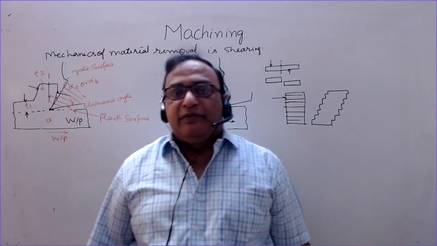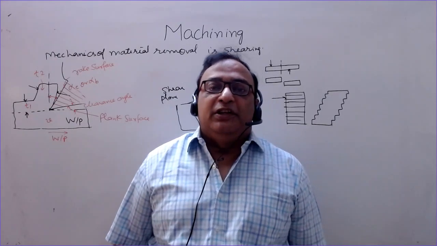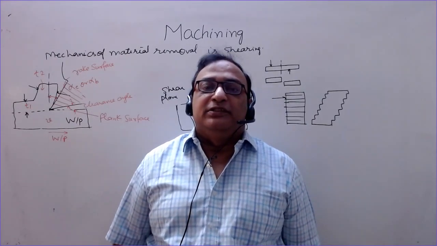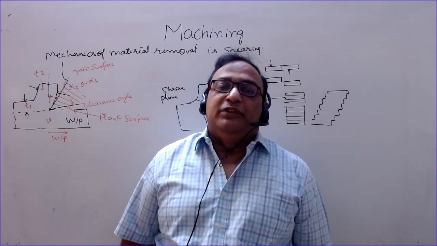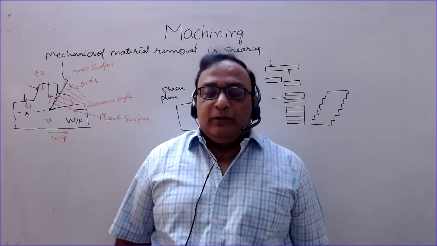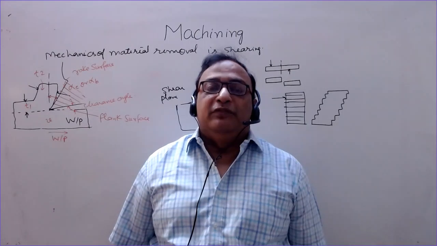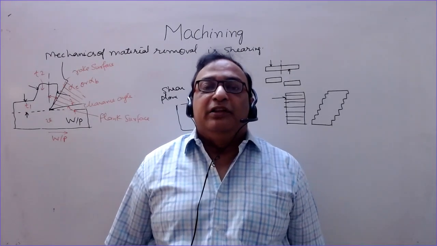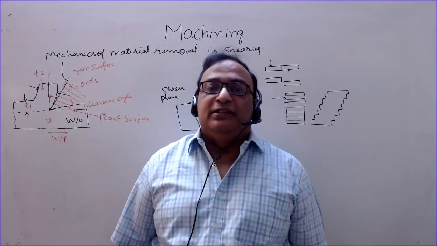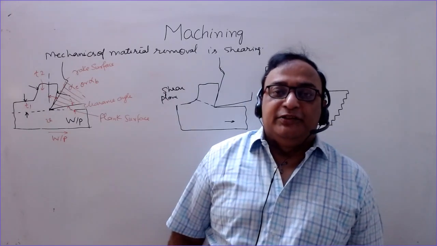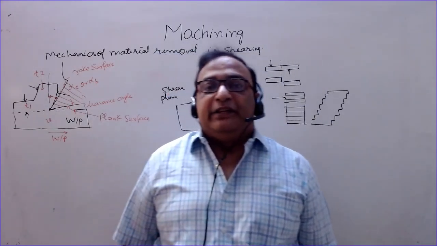There are three types of chips produced. One is continuous, other is discontinuous, and the third one is continuous with the built up edges. So what are built up edges? It is the chip when it sticks, or when the friction is high, when the rake angle is low, or the material is such that friction is high. High energy is produced as heat in cutting.